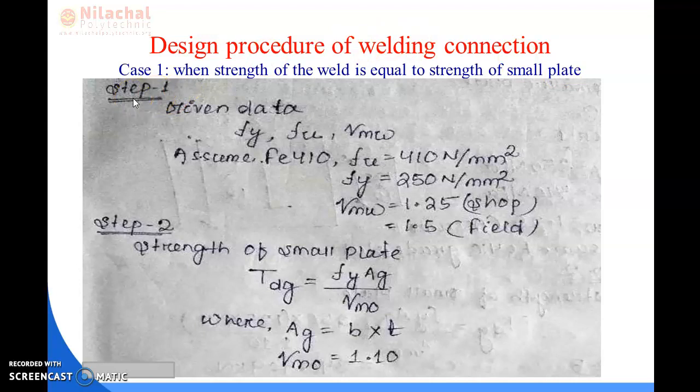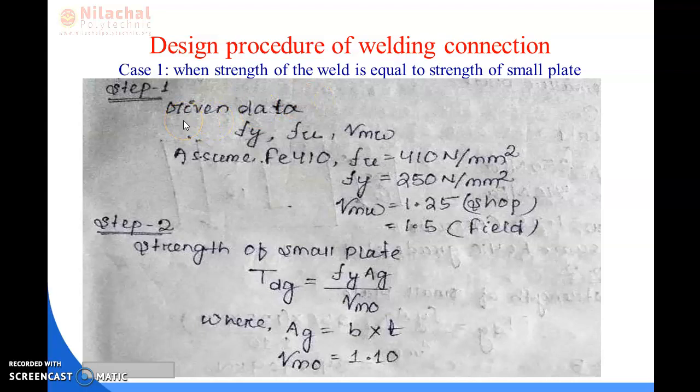First of all, whenever a question is given to find out the strength of the weld connection, its effective length and also the size of the weld, the first step you have to write is data given. Whatever data is given in the question, you have to write that. And also, you have to take some assumptions also.